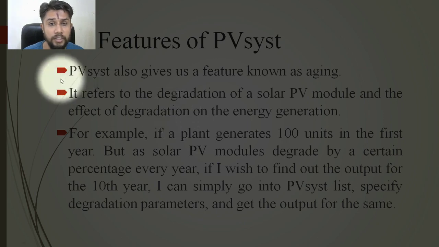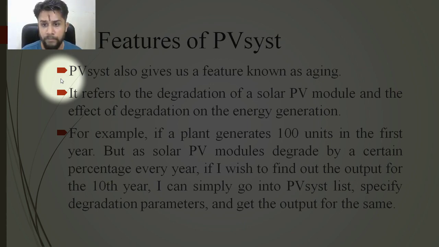It also gives the feature of aging, with the help of which we can find out the amount of degradation of a solar PV module after some amount of time. So if you want to find out the degradation of your installed solar power plant after 5 years, with the percentage degradation you can enter it in this, and after 5 years you can find out the degradation of generation.